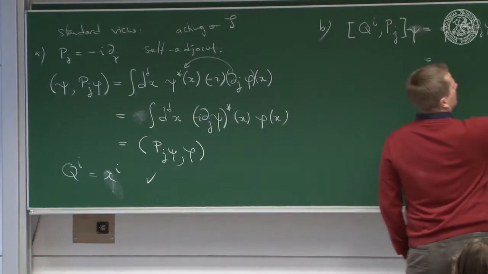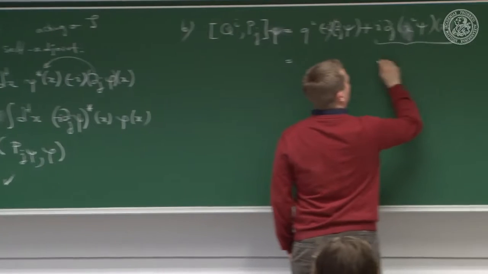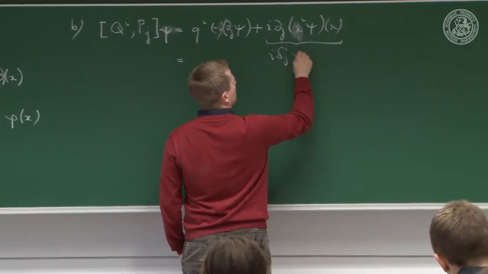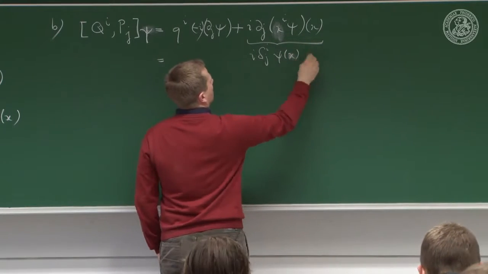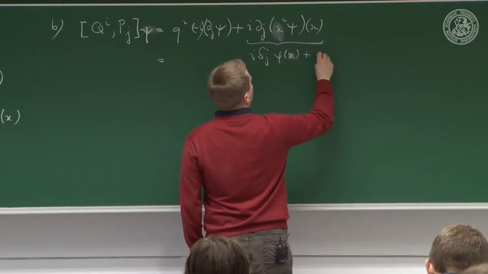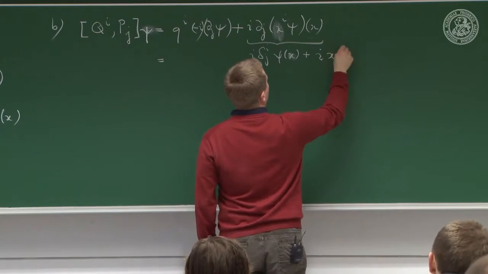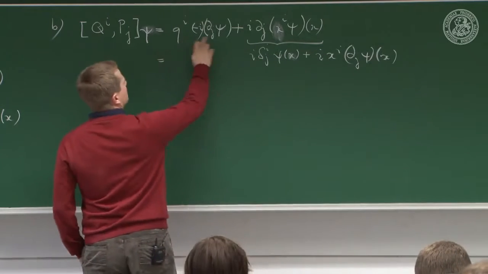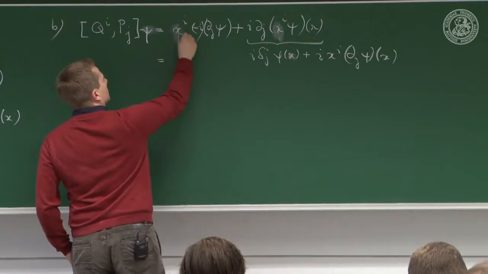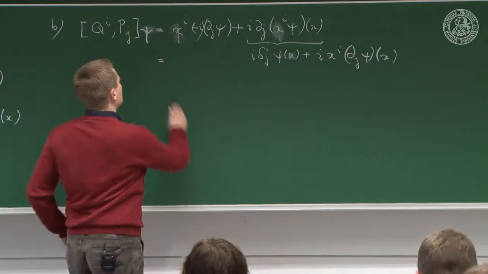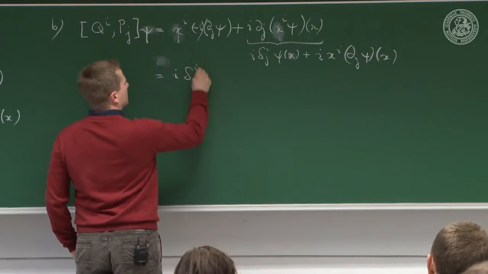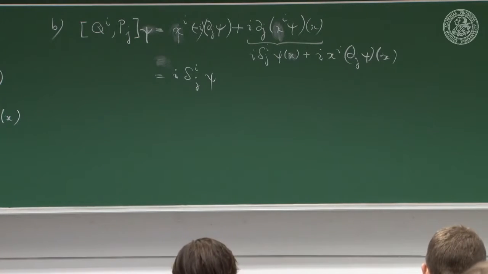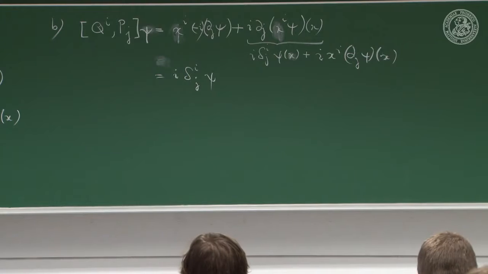Now it's clear: this has two parts, i delta_ij psi of x plus i x_i del_j psi of x, but this cancels against the first part. So all that's left is i delta_ij, as claimed. Everything is absolutely simple and easy.